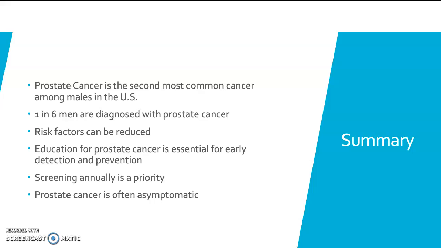Educating is essential to ensure screening and early detection of prostate cancer. The POP program has been created and designed by a DNP leader in order to ensure education to men throughout our community. References will be listed on the next 2 slides.